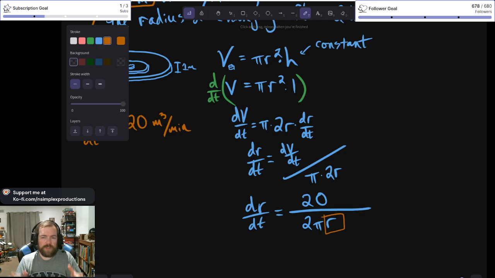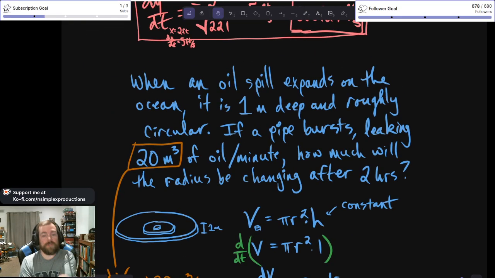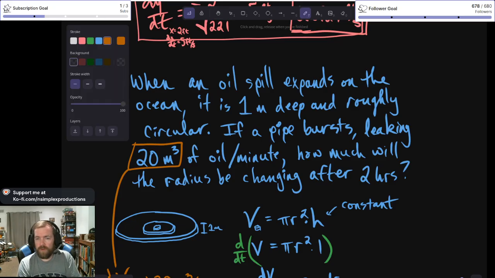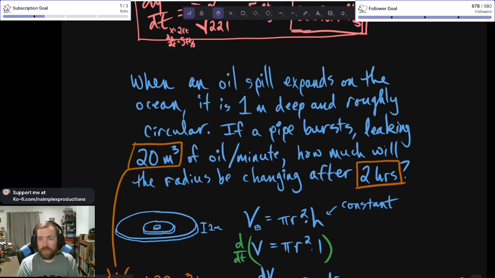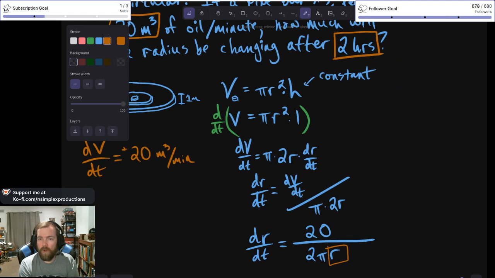We just don't know what the current radius is, and we don't have that information either. It's not given to us. However, we do know that we have 2 hours and we have a volume equation.